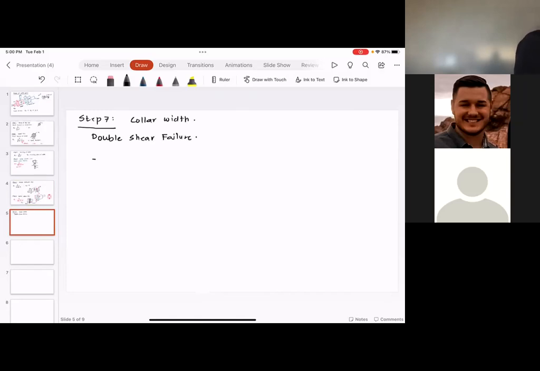Tau is equal to P divided by 2 times (D4 minus D1) L4.